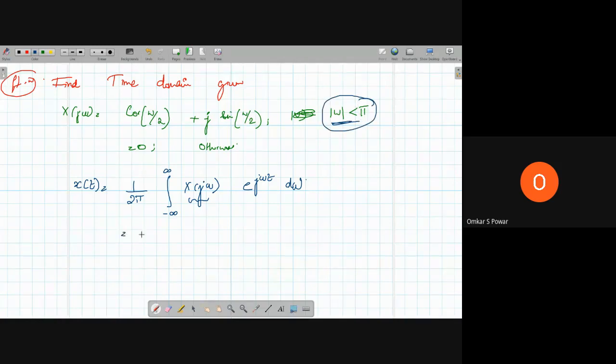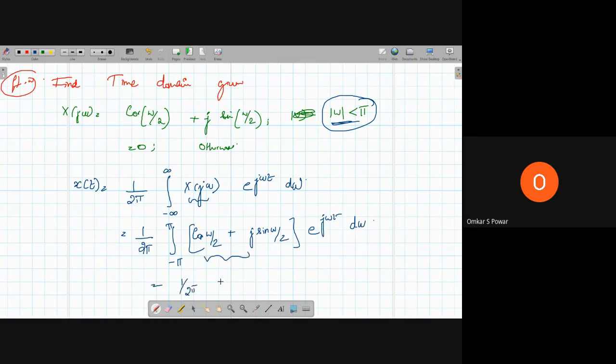So substitute that. So 1 by 2 pi integral minus pi to plus pi, cos omega by 2 plus j sine omega by 2 into e power j omega t into d omega. So this one, how can you simplify?